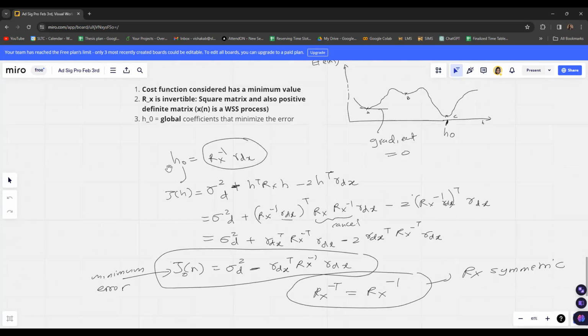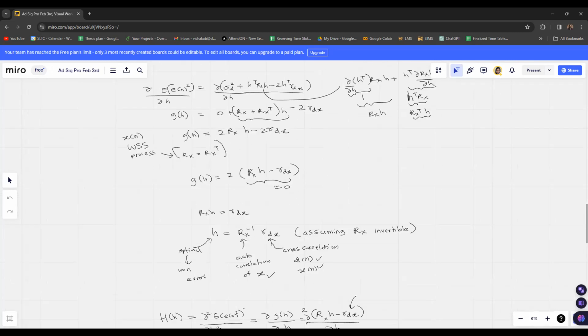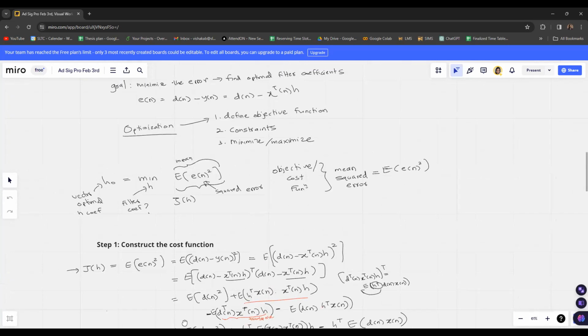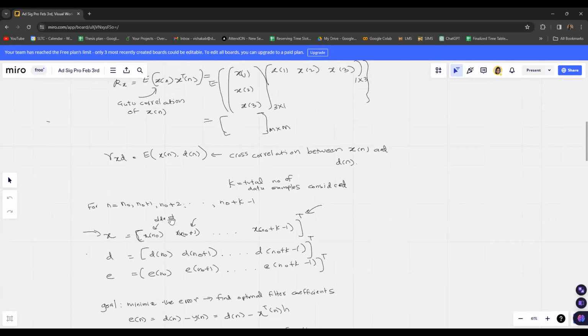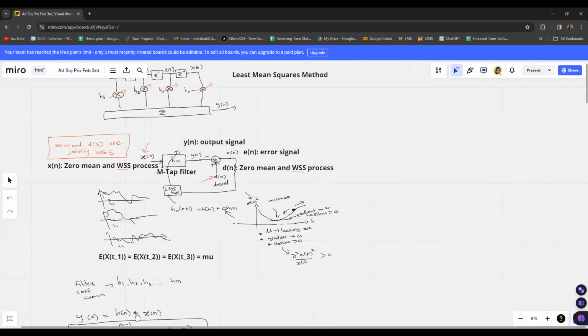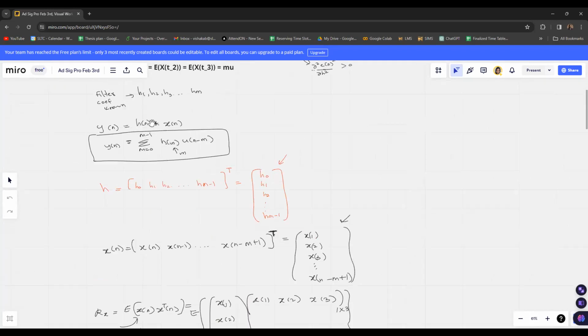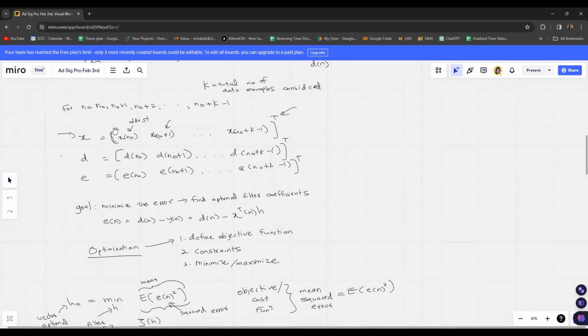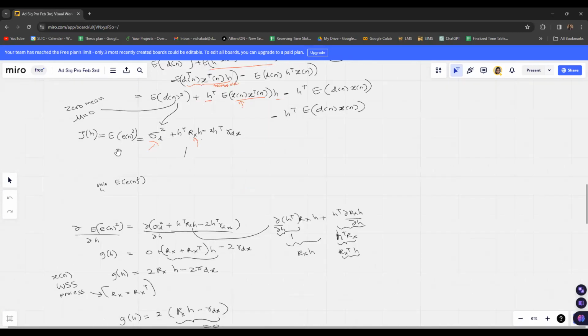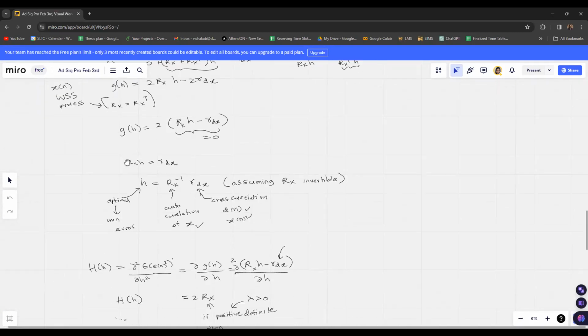So in today's class, we are going to discuss these filter coefficients and how we can update them. Updating the filter coefficients has to be done using a certain algorithm, and there are many algorithms that can be used for that.